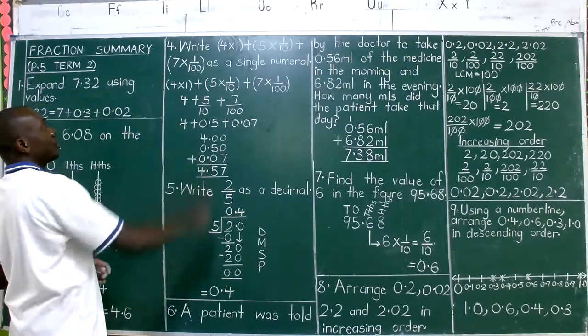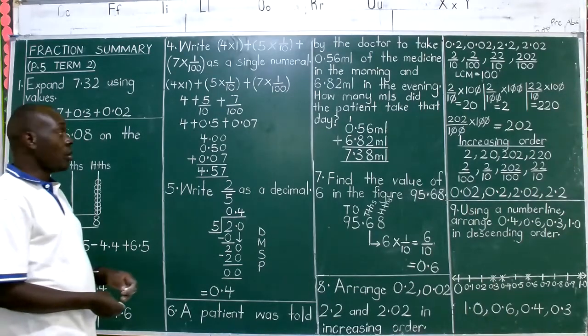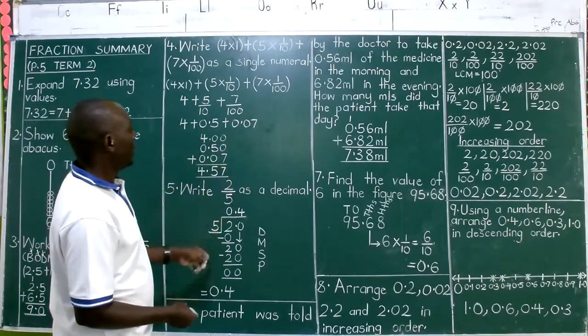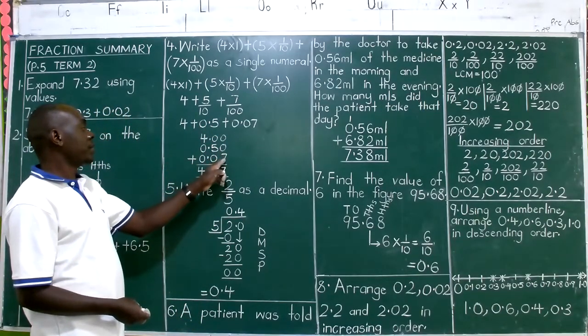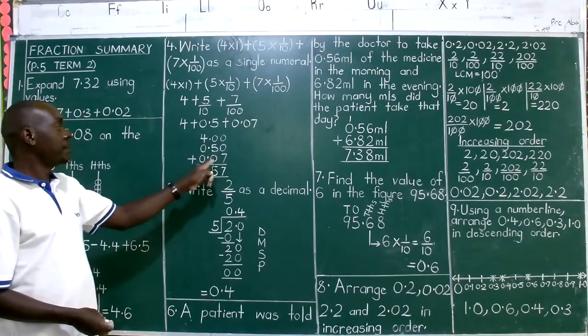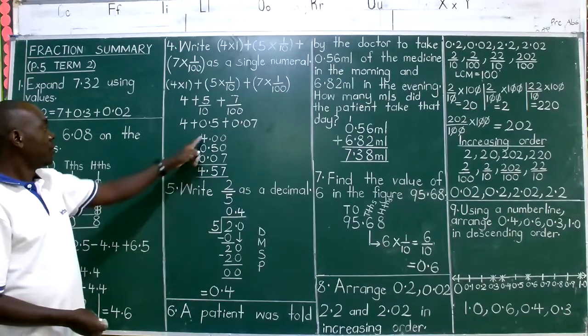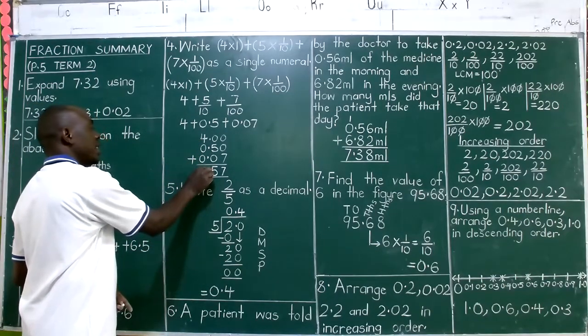And then add to get a single numeral, the same as the number that has been expanded. So go in the corresponding place values and add accordingly. 0 plus 0 plus 0 plus 0 plus 0 plus 7, you get a 7. 0 plus 5 plus 0, you get a 5. 4 plus 0 plus 0, you get a 4. Remember there's a point in between here.